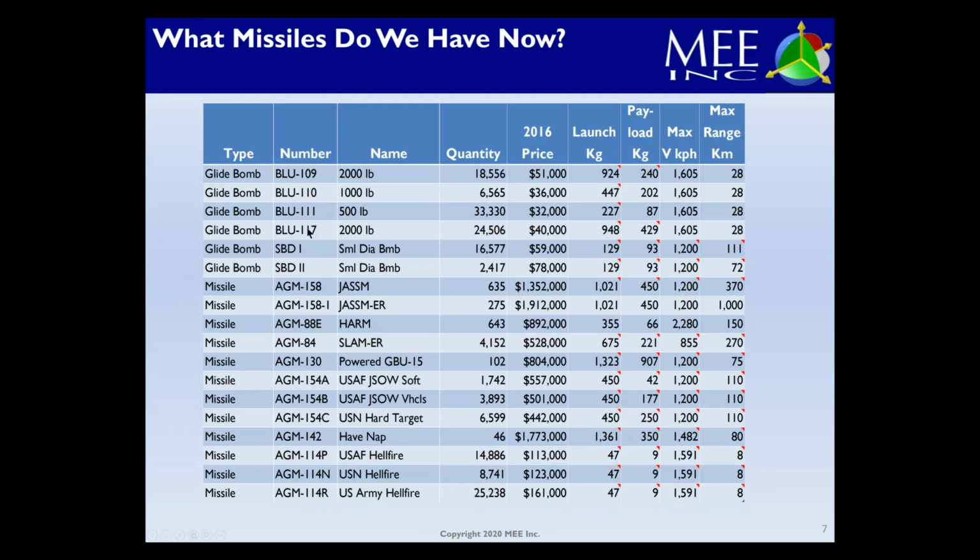We're including glide bombs just to show that, in theory, if you could get a bomber over the target, maybe you could do this mission with a really fast bomber. So we wanted to consider that too. It also gives us more variables so that we don't overspecify the problem. This is the history we have in the United States of buying these items.